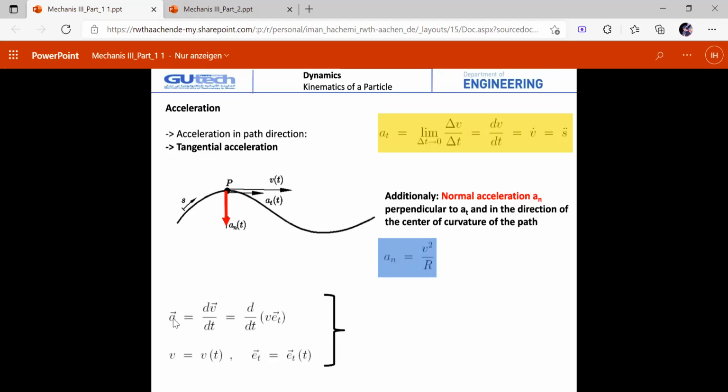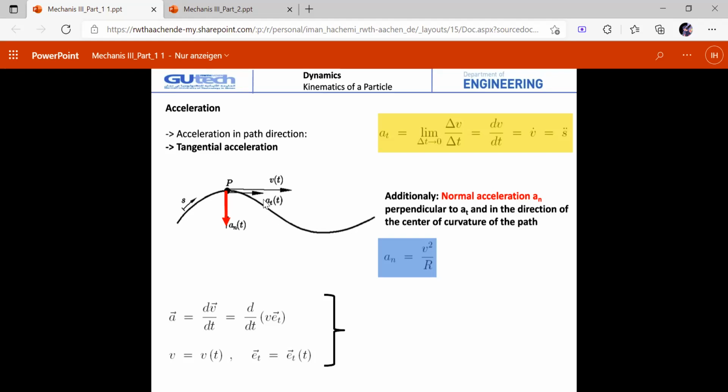Then we have a, the time derivative of the vector v. By definition, the vector v is the absolute value or the norm of v in the tangential direction. But v is time dependent, and et is also time dependent. Why? Because it's changing the position and also the direction.